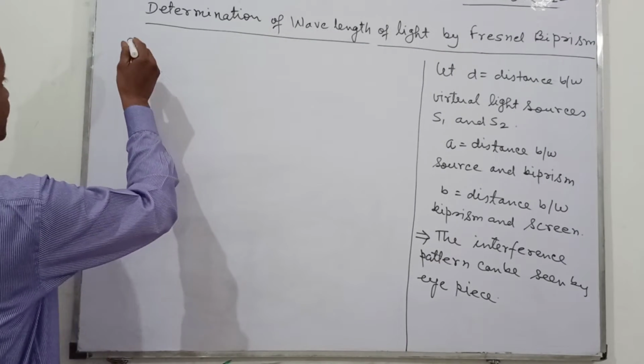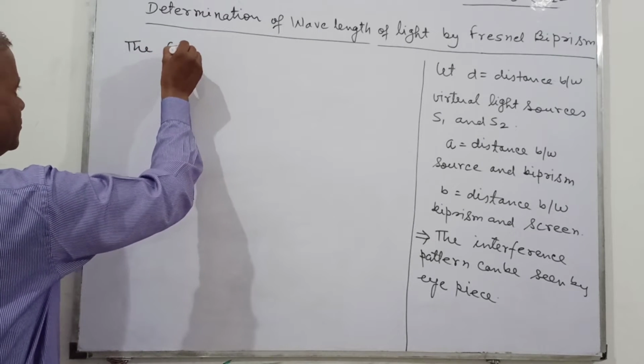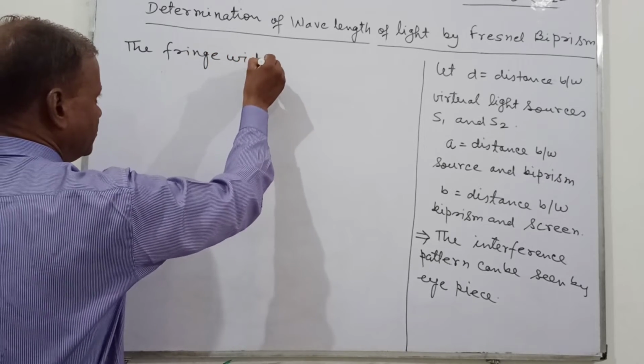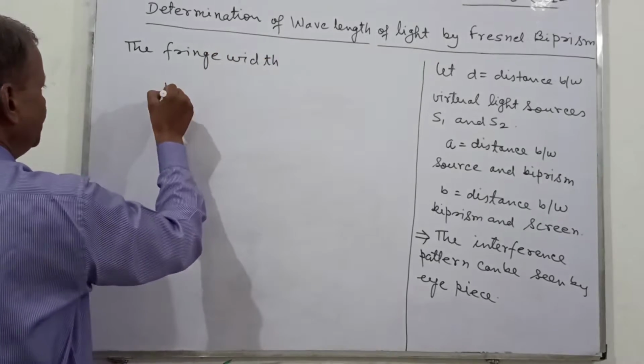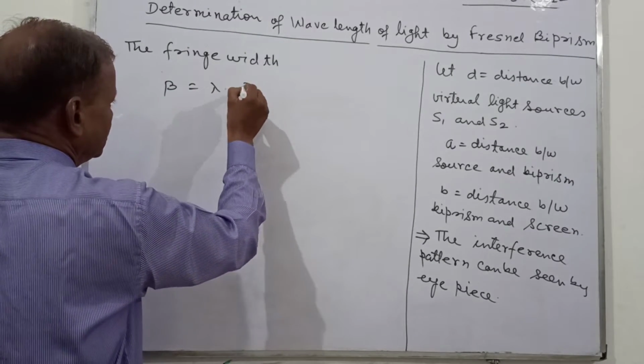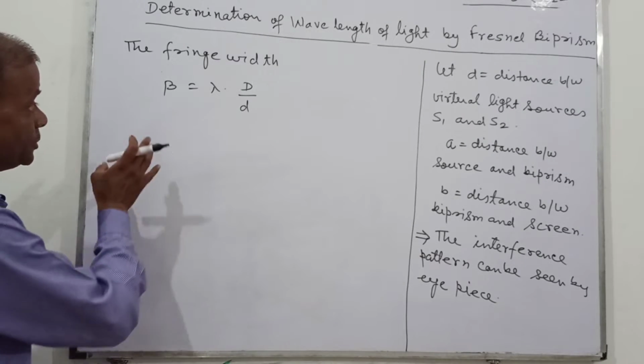The fringe width beta equal to lambda into D upon d. This is known to us.